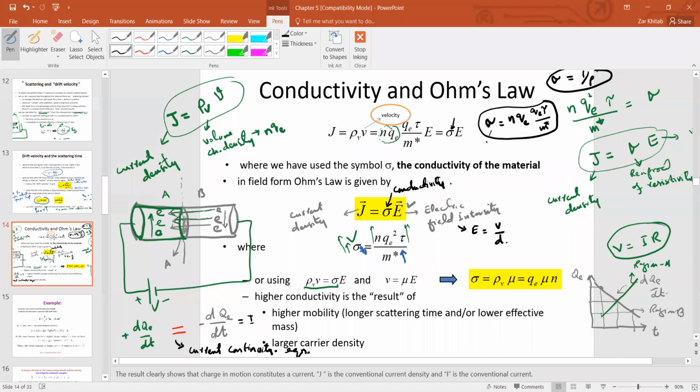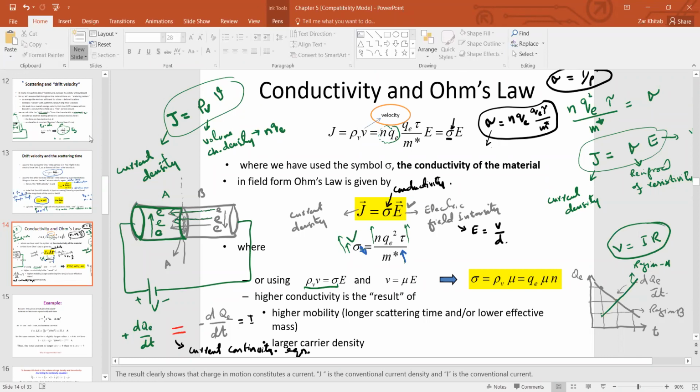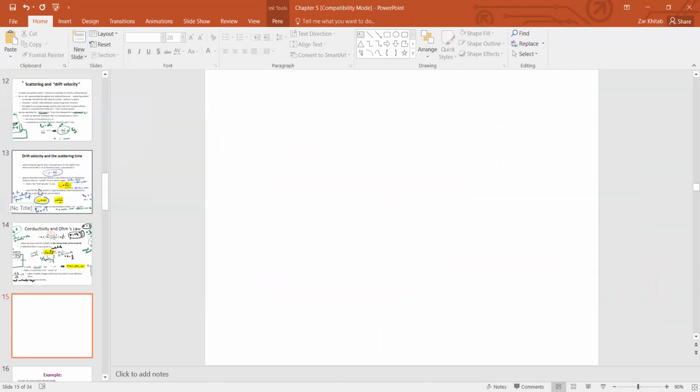So this is really making the conductivity of the material. All these things combine together, and they make a constant which is called conductivity. And based on this constant conductivity, we basically classify materials.